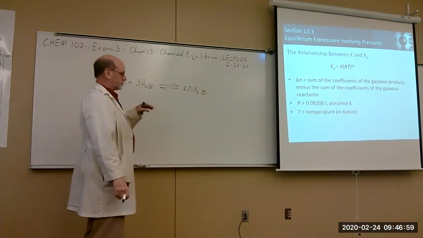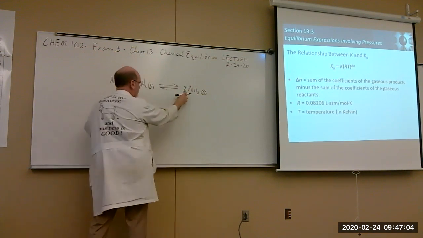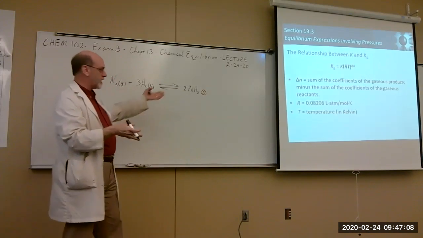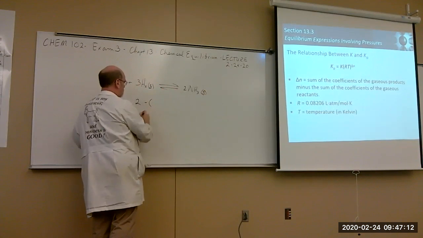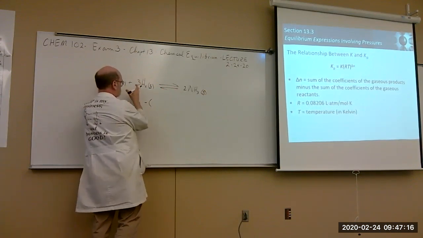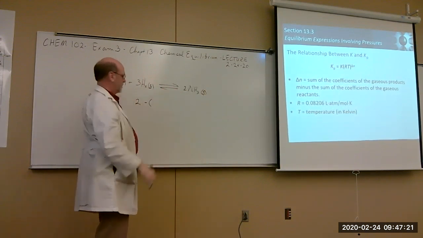Well, the products here, there's only one of them, so that's the total of the products. And then you subtract the sum of the coefficients for the reactants. So that's 3, and that's 4.